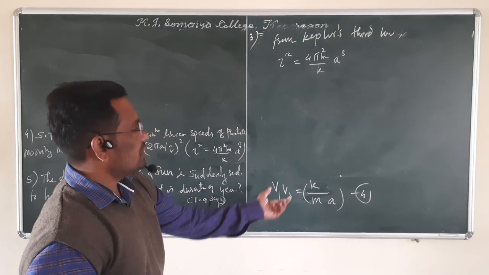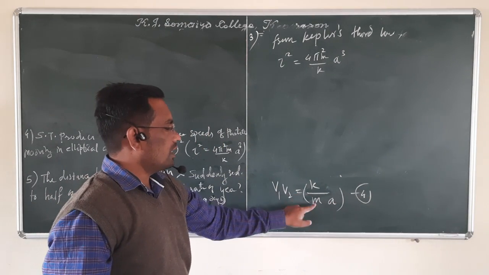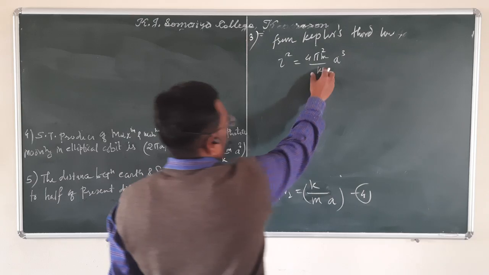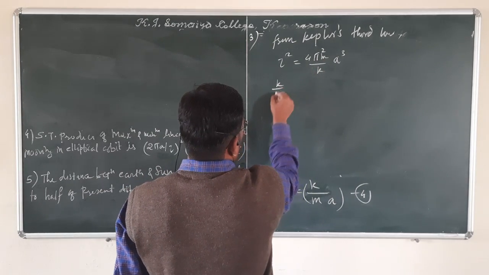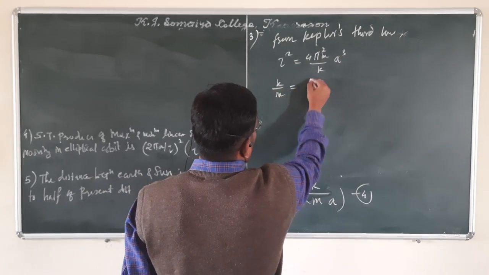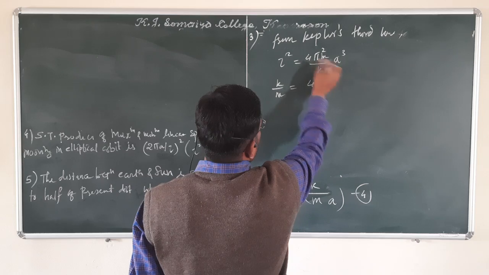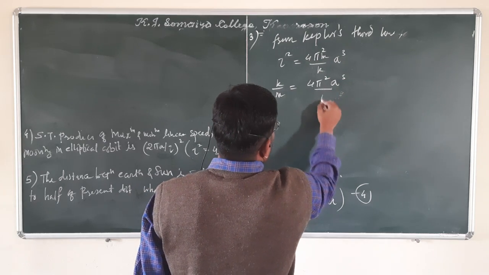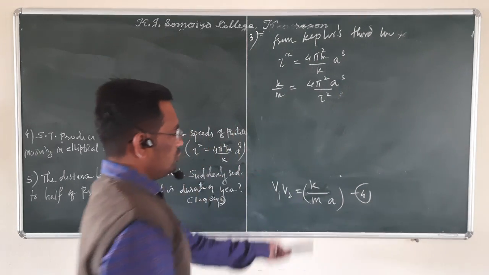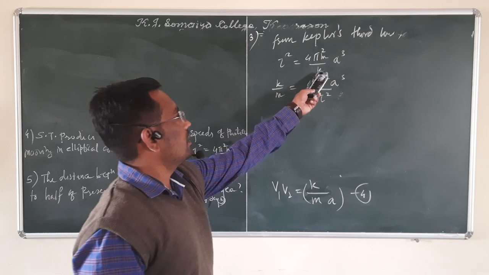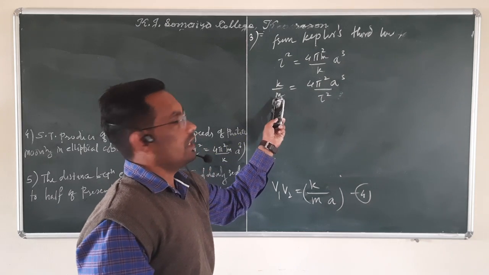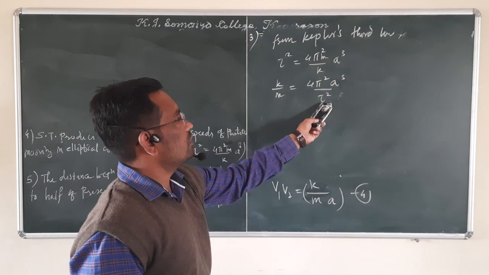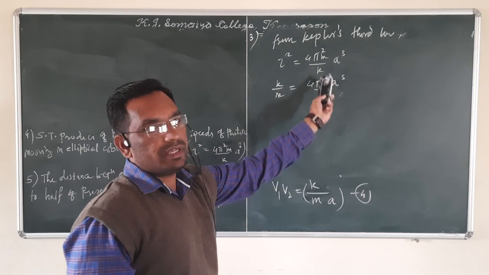So from this equation, here we have to put k upon m. So if you take k upon m on the left hand side, on the right hand side you will have 4 pi square a cube divided by tau square. So this tau square goes to the denominator, all the terms remain as they are.